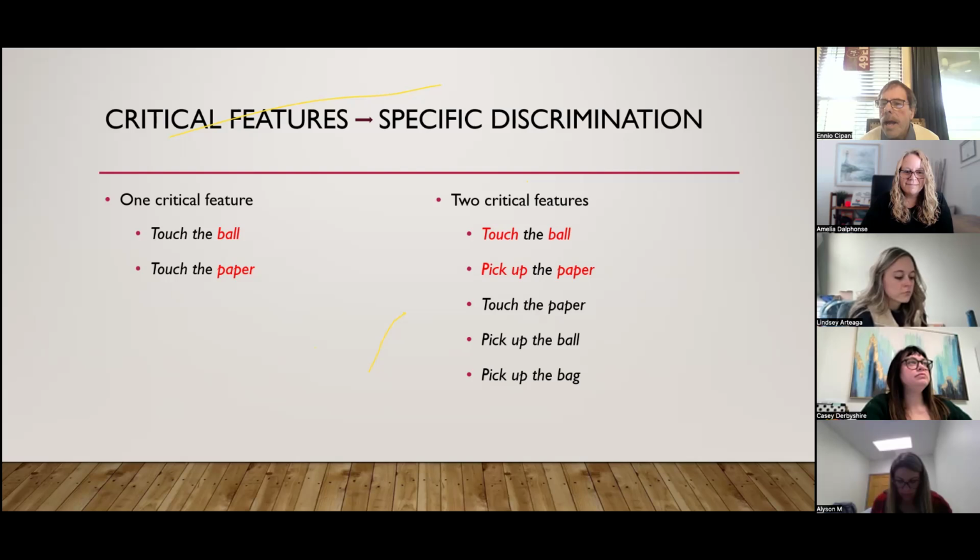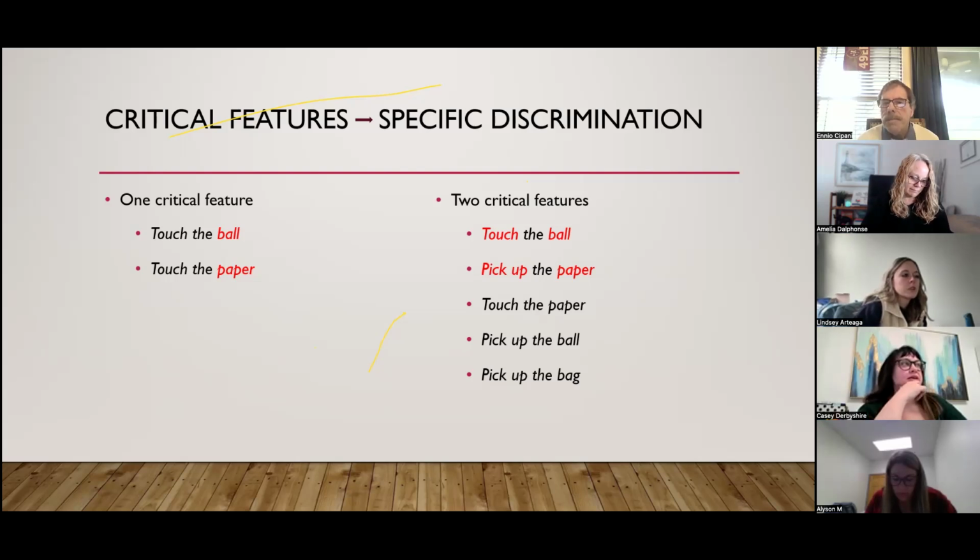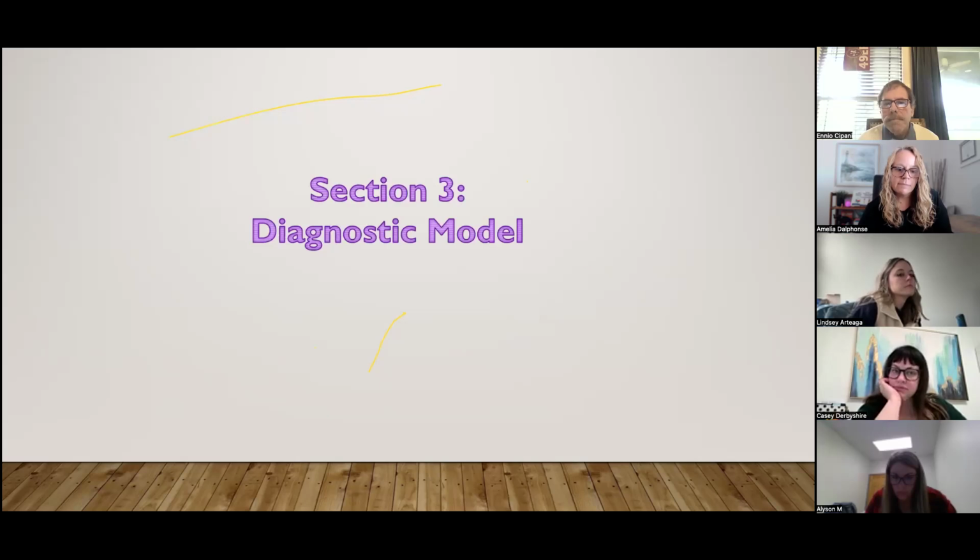So you could have a discrimination task that requires the child to engage in two or more distinct actions on two or more items, or actually it'd be four, because it's a 2 by 2. So you would have touch the ball, pick up the paper, touch the paper, pick up the ball, and then maybe others. So understanding what a critical feature is is very important for diagnosing and then solving. All right, let's get to the diagnostic model.